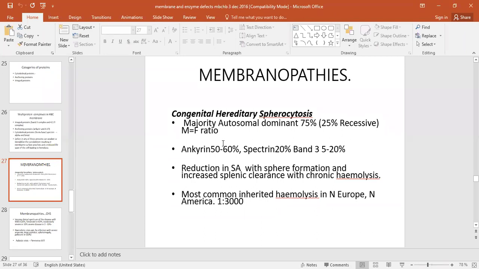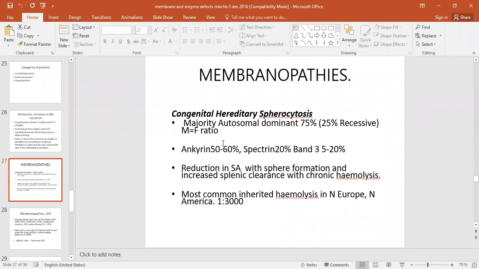What do these cells go through? Basically, they have a reduction in the cell surface area, and this increases their splenic clearance with chronic hemolysis. So when you have these cells with these defects, the cell surface area gets reduced, and they get earmarked for destruction.